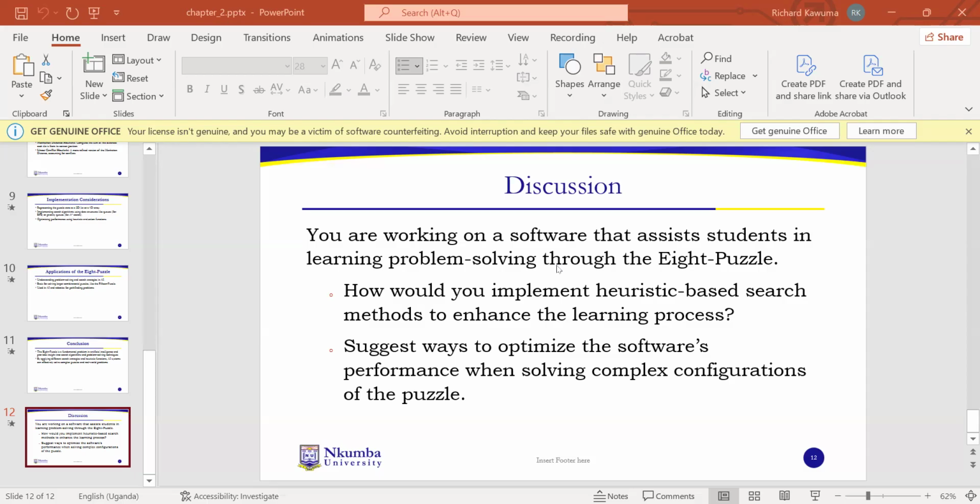But sometimes we shall have the physical classes, especially when I come to reasoning techniques. I would prefer teaching them physically because that is a crucial topic.